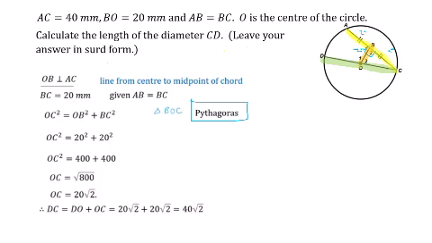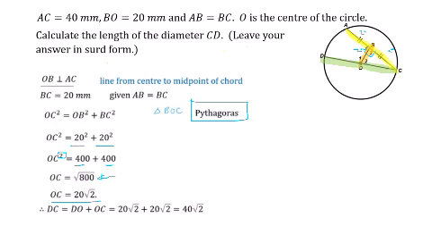OC squared is 20 squared plus 20 squared, which is 400 plus 400. Remember, this was given in the question. Then to remove the square, we take the square root of 800, and we get the value of OC as 20 root 2.